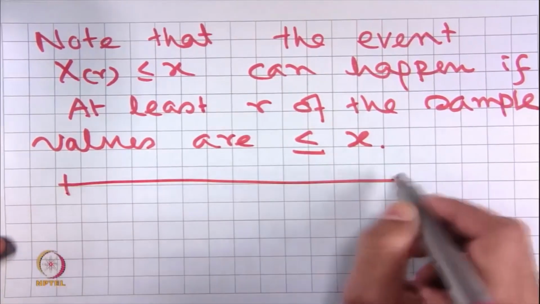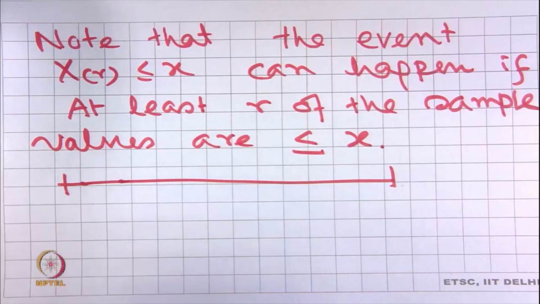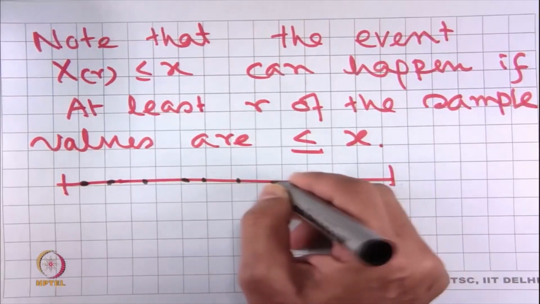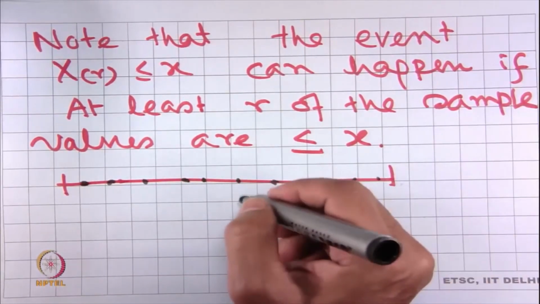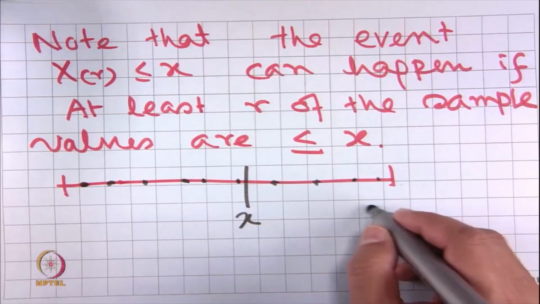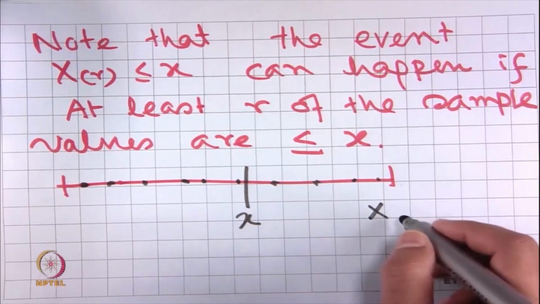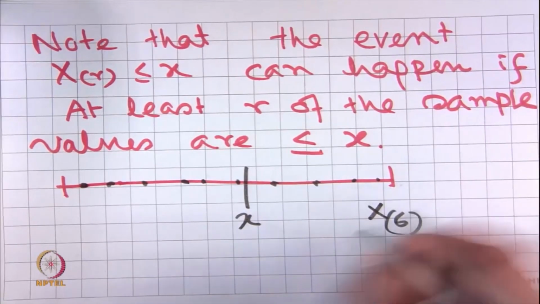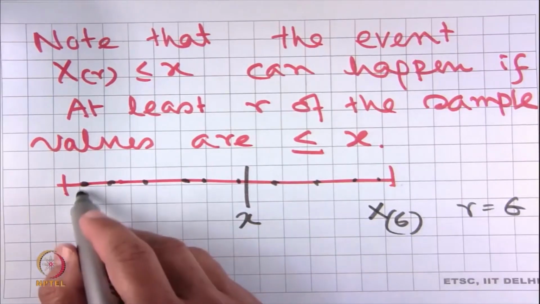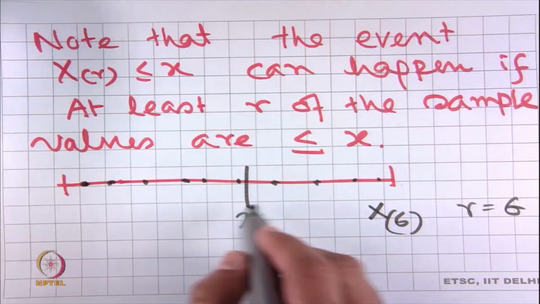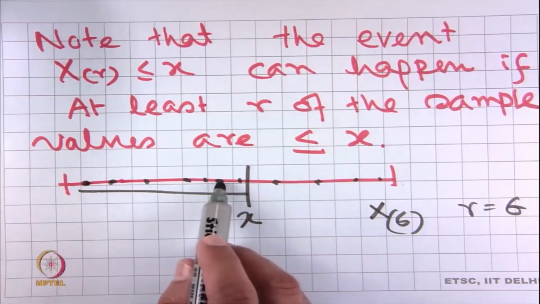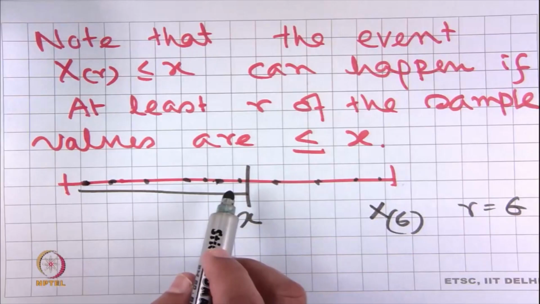So, if these are the samples, and this is x, and suppose I want to find the distribution of X(6), that is r is equal to 6, that can happen if there are 6 values less than or equal to x, but that will also happen if there are 7 values less than or equal to x, because even in that case the sixth one is less than or equal to x.